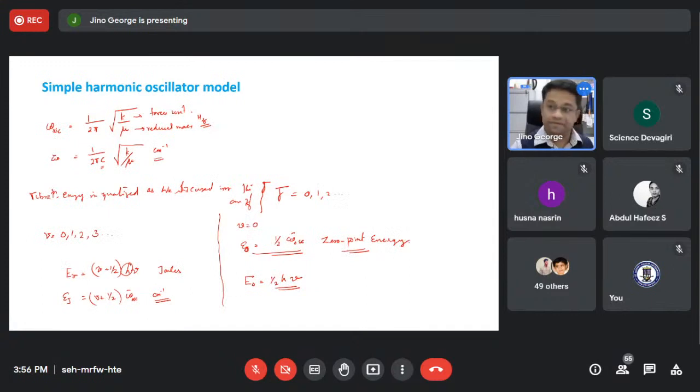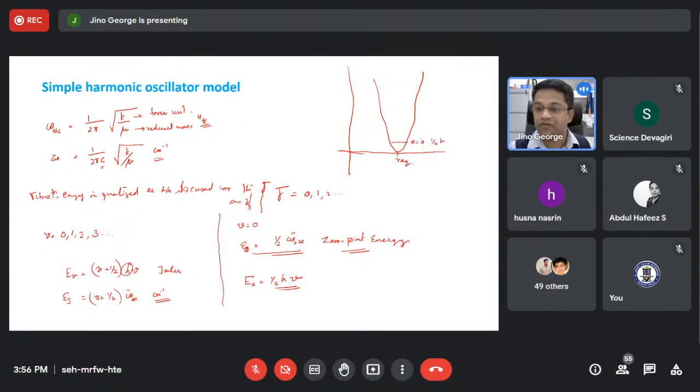Very simply, think about your parabola like this. Sorry, I have to change my axis. This is your r equilibrium. You remember I was defining r equilibrium, and v is equal to 0.